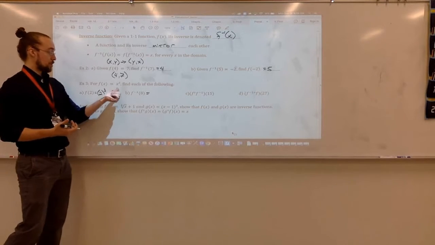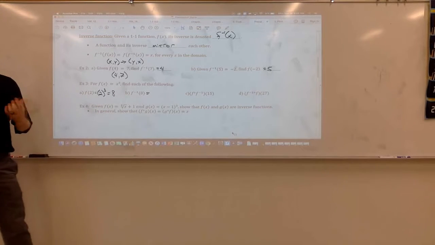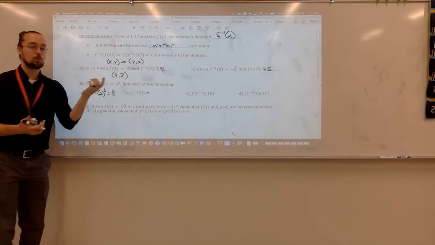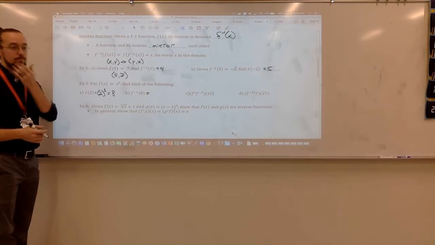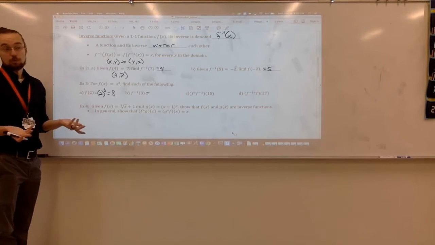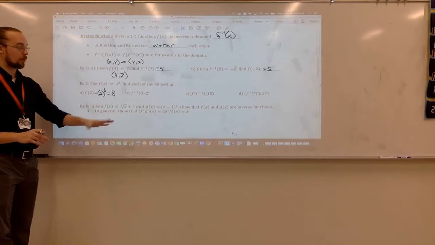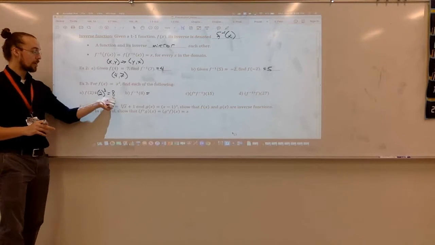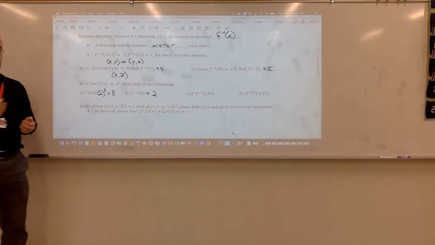We don't know what the actual inverse function is, but if the point x, y is on the original, the point y, x is on the inverse. So if we didn't do A, would we not be able to do B? Right, so far, yes. We will get to a point where we could, but not yet. So if the point 2, 8 is on the original, the point 8, 2 is on the inverse.